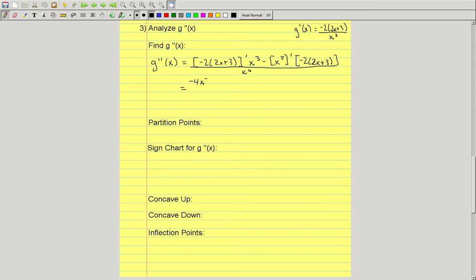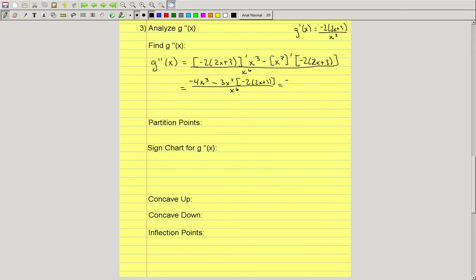So this gives us negative 4x cubed. And then we subtract from that 2x, which is the derivative of x, and we subtract from that 3x squared, which is the derivative of x cubed, times the quantity negative 2 times 2x plus 3. Again, all of this over x to the 6th power.